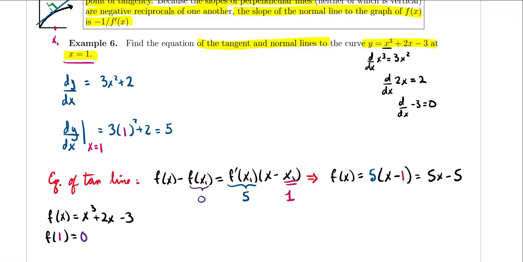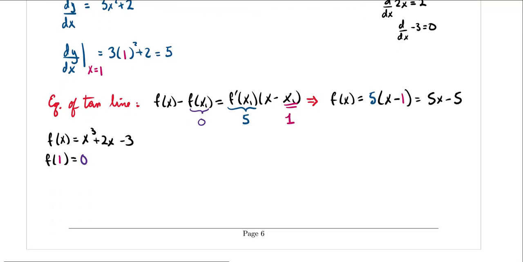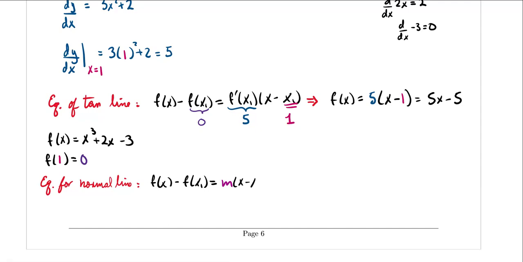Okay, now what about the equation for the normal line? Well, we pretty much have almost everything that we need. We're still going to be using the equation for a line, f of x minus f of x1, which we already know is equal to the slope, which we'll find here in a second, times x minus x1. Okay, now the only thing that is going to be different here is the slope.